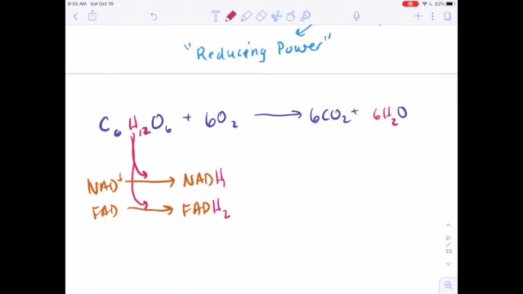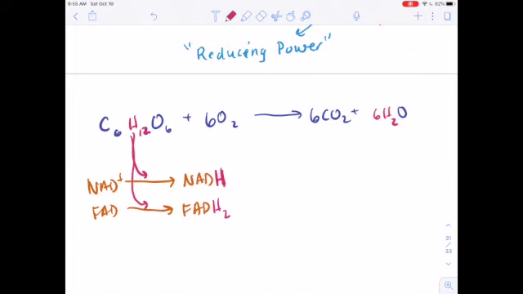Okay, and then this is called reducing power, having a whole lot of NADH and FADH2. Oh, this is a really crappy looking H there. There we go, that's a little bit better.